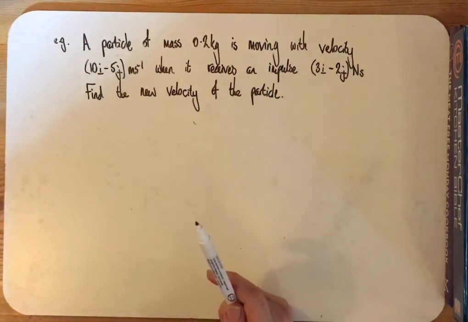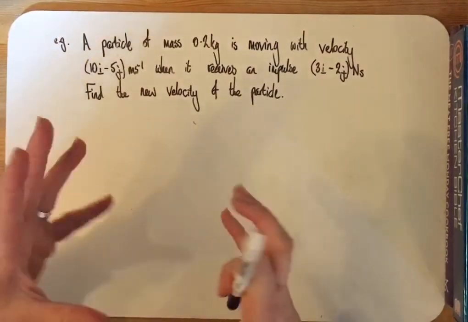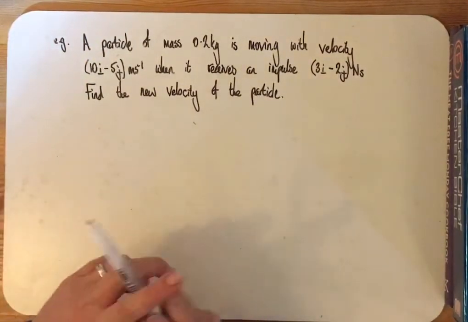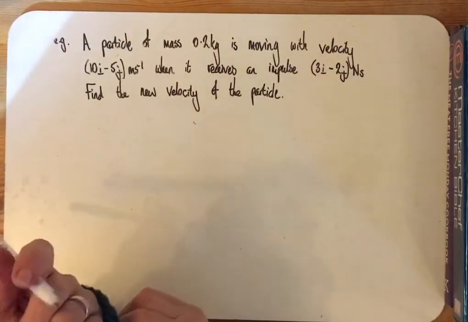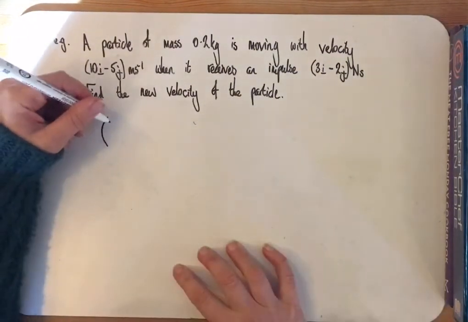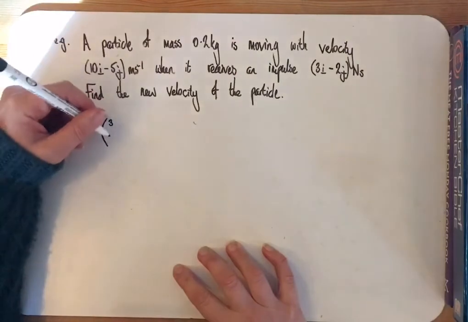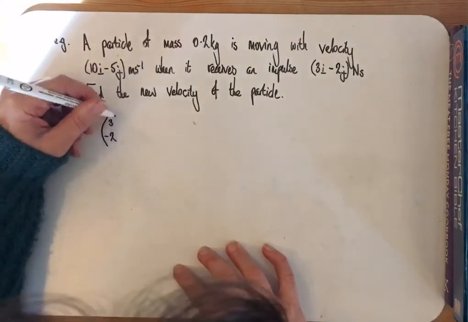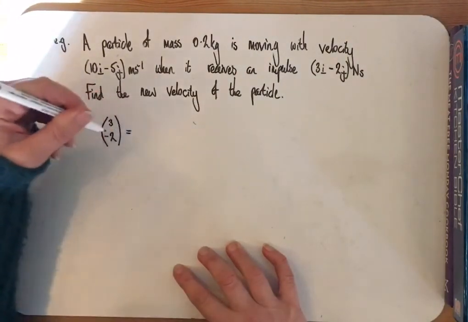If you're anything like me, you prefer column vectors to i's and j's, which is absolutely fine. So impulse is change in momentum. The impulse is (3, -2). And that's equal to mv.